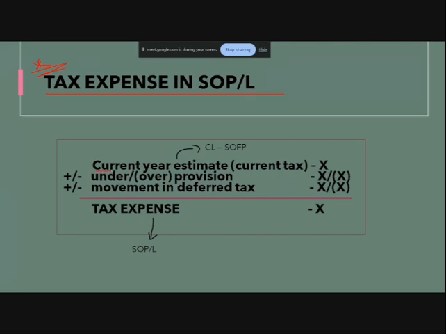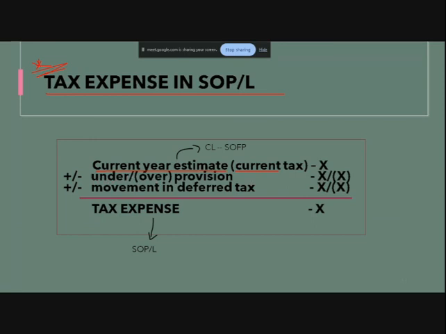Here we have an equation. It says current year estimate. Current year estimate basically means the current tax, which is the amount of income tax payable in respect of a period because of the taxable profit for a period. For the current tax, we'll take that amount. We will add or deduct under or over provision.